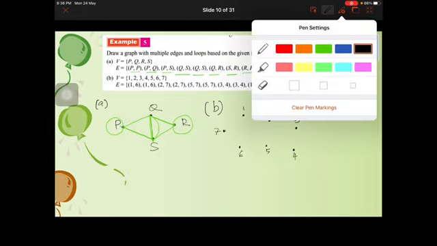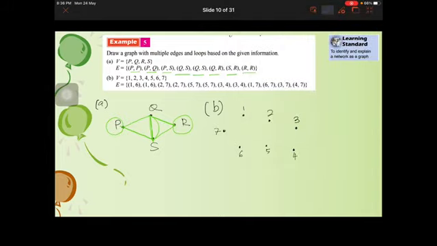Now let's draw 1, 6. Okay, we have 2, 1, 6. That means multiple edges. Okay, I want to draw like a curve, and another one like a curve also. So 2. Then 2, 7, also multiple edges.